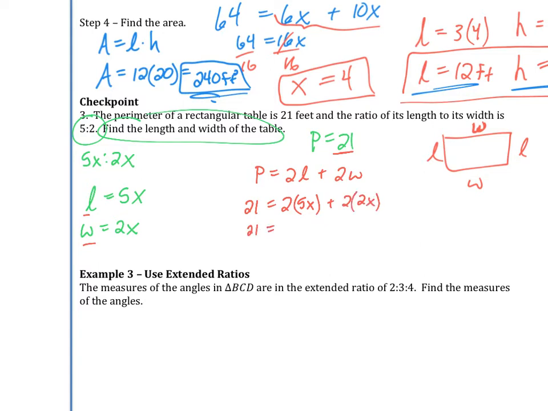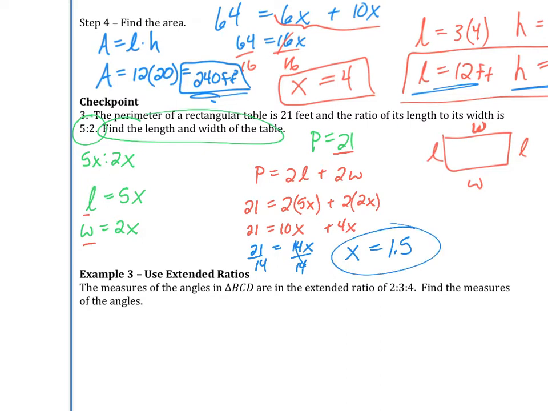So 21 equals 10x plus 4x. So 21 is 14x divided by 14. X equals 21 over 14 is 1.5.